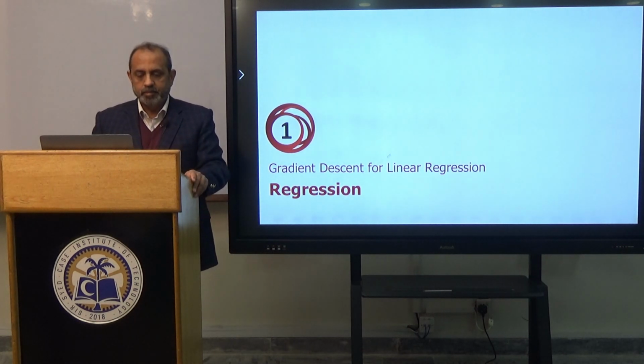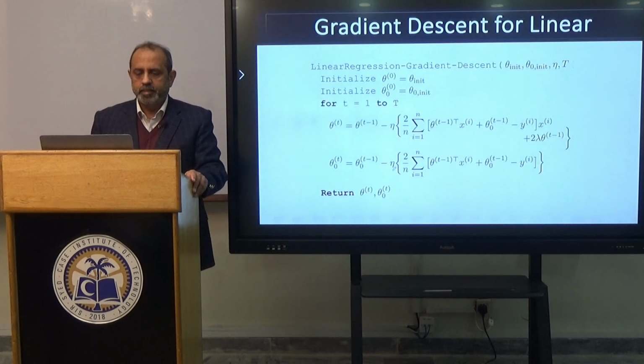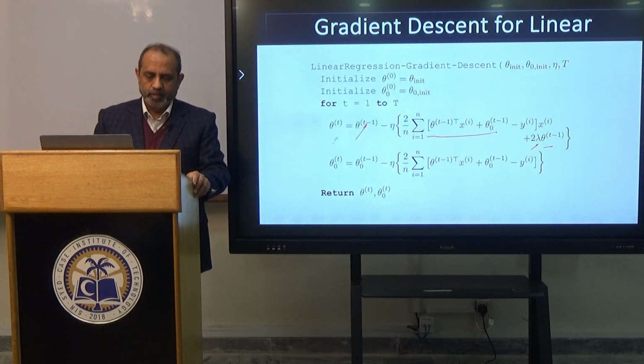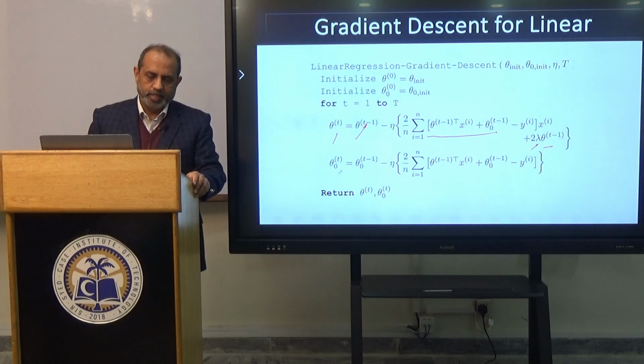And there is yet another method, which is gradient descent for linear regression, and we know gradient descent is an iterative method, where you have an initial set of weights and then an update equation, and lambda is also here, and you just keep repeating this. So keep updating the weights. This is theta 0, which is the bias, and this is the rest of the weights.